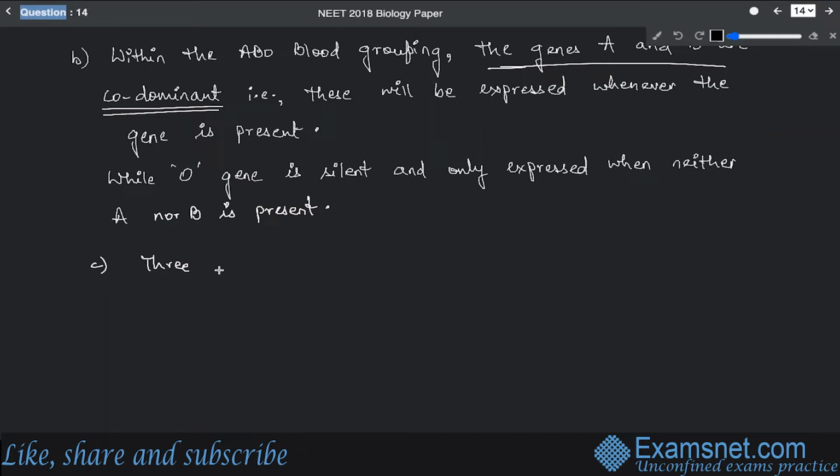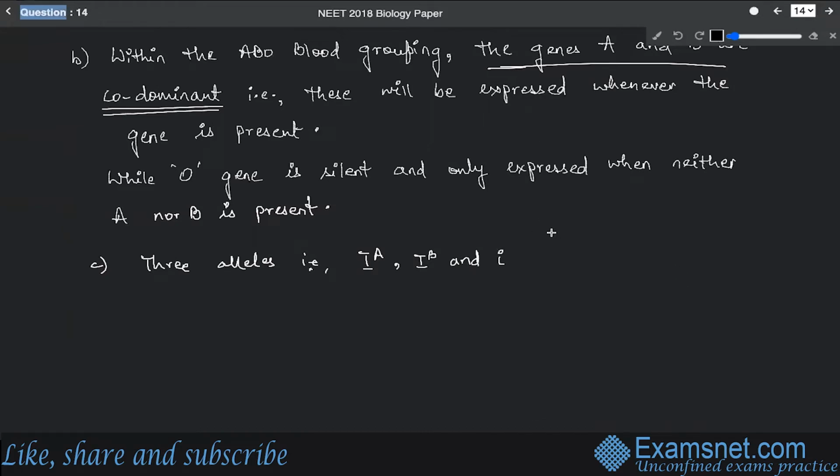So three alleles, and those three alleles are IA, IB, and i.